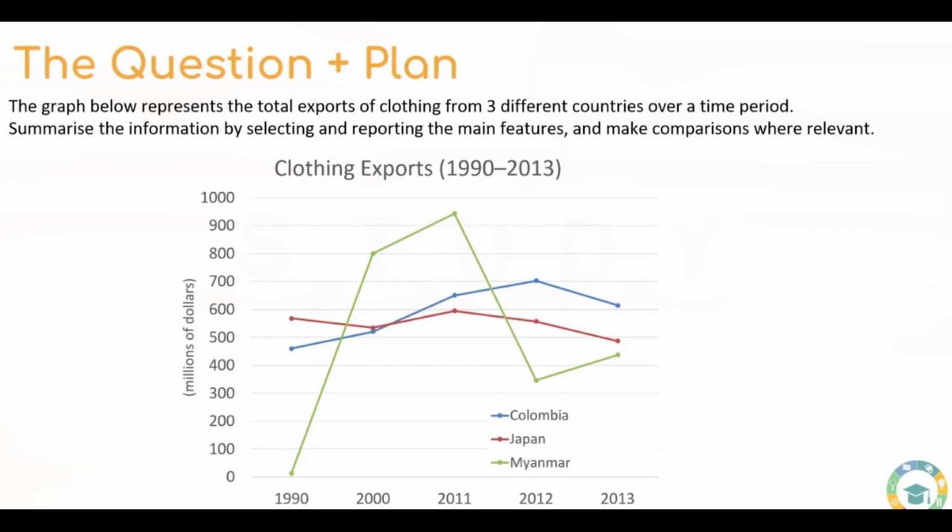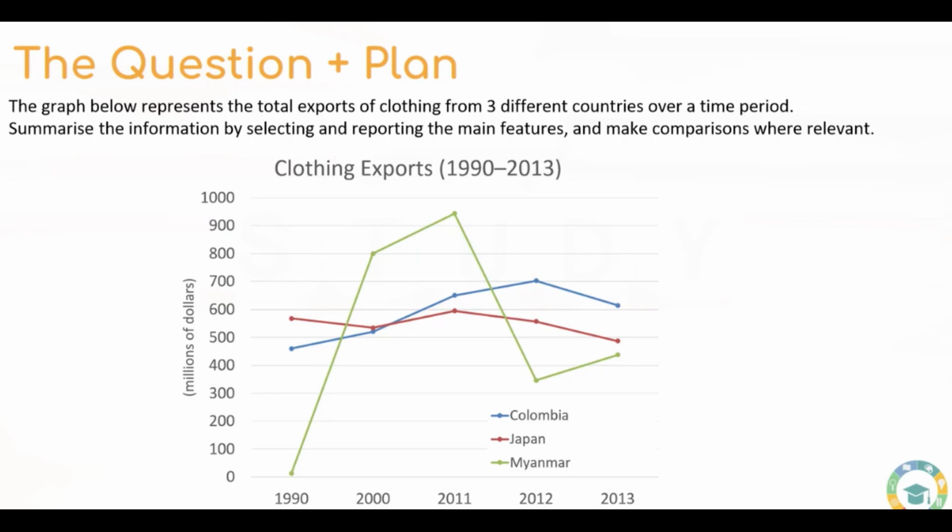From just taking a quick snap look at this data, the big thing that stands out is Myanmar, which has gone from 0 in 1990 and sprung up all the way to 800 to plus $900 million. That's just taking a very quick glance at the data we've been shown.